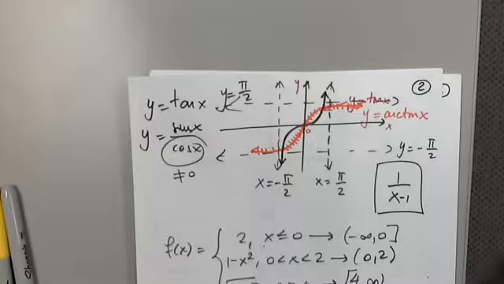Negative infinity. Later on in this chapter, not today, I will ask you, but you can already answer. As x approaches infinity, what does arctangent approach? Pi over 2. As x goes to negative infinity, what does arctangent x approach?